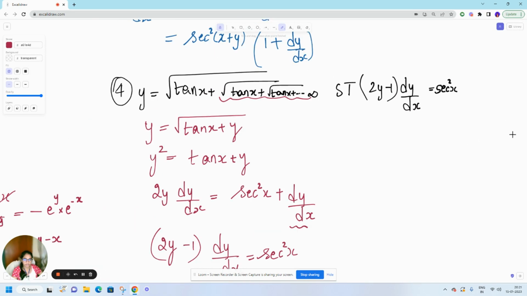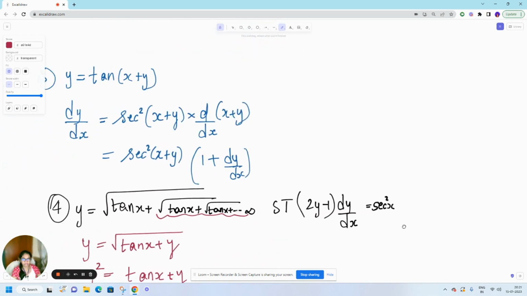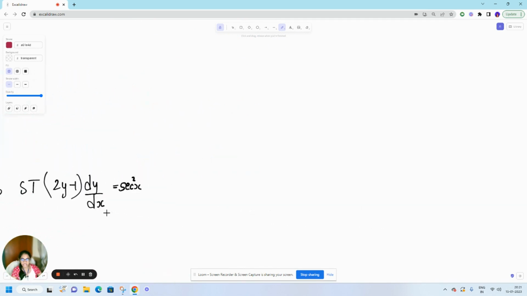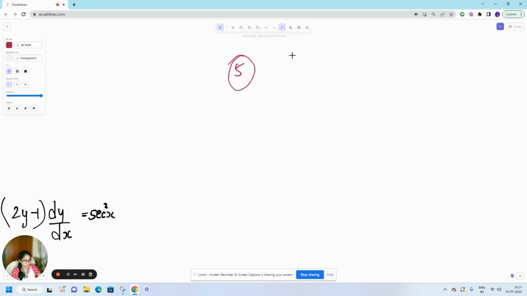Yes. Now, our fifth question is find the derivative of cos y is equal to x cos of (a + y).